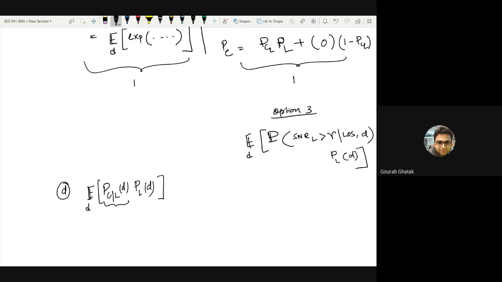Okay. As an example application, suppose you have a user which wants to connect to a base station in millimeter wave, right? And there are two options for this user. One is on a sub 6 gigahertz RAT, and the other one is on a millimeter wave RAT, right?